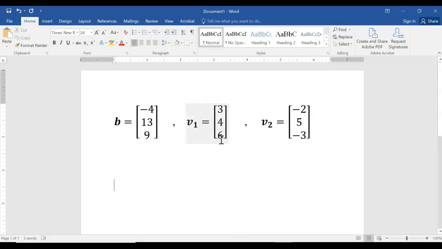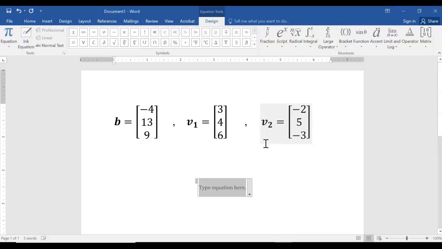So we have these two vectors, and we want to figure out if we can write b as a linear combination of v1 and v2. Stated another way, are there a c1 and a c2, constant real numbers, where I can multiply one constant by v1 and another constant by v2 and get b?